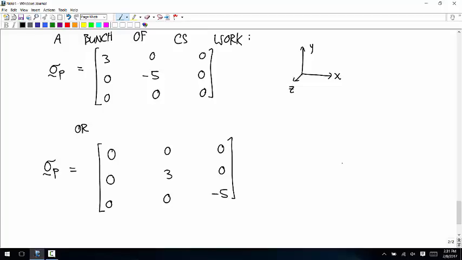And now we could have our x-axis pointing... So remember that 0 eigenvalue, the 0 principal stress, corresponded to an axis in line with our old z-axis or opposite our old z-axis. So let's make this our x-axis now.